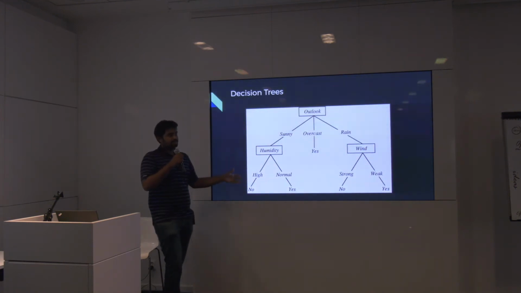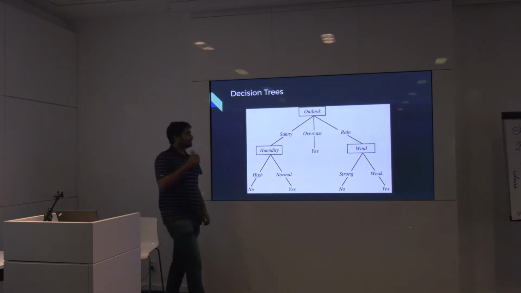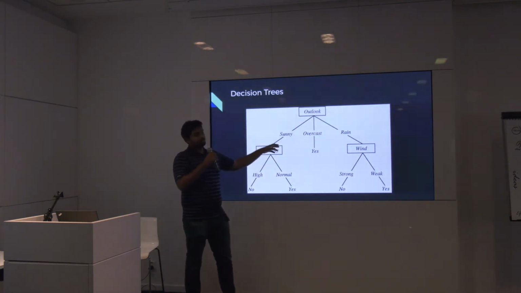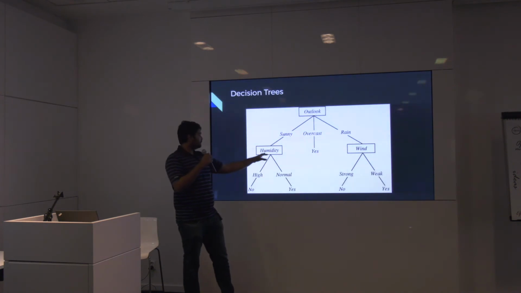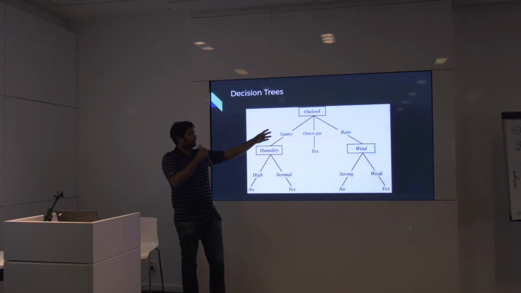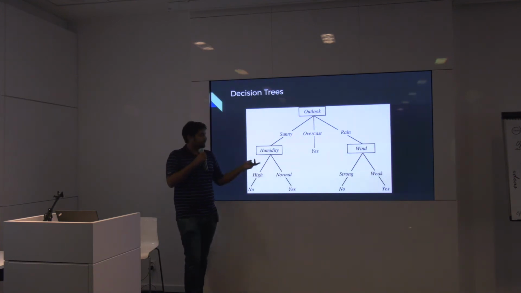This is a decision tree that you might use if you want to go for a hike. If the outlook is sunny, then if the humidity is high, then I'm not going to a hike. Else, if the humidity is normal, then I'm going to a hike. If the outlook is overcast, yes, then I'm going to hike.